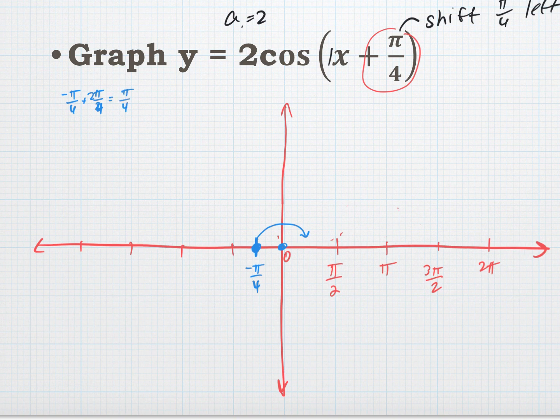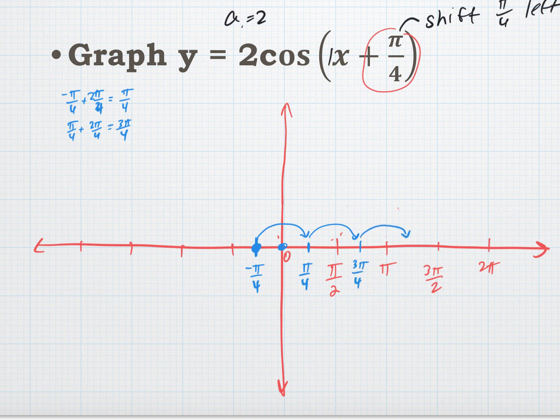And I'm going to get pi over 4. So I know this point here is pi over 4. And I'm going to add another pi over 2 here. So pi over 4 plus 2 pi over 4, and I'm going to get 3 pi over 4. So this is located at 3 pi over 4.